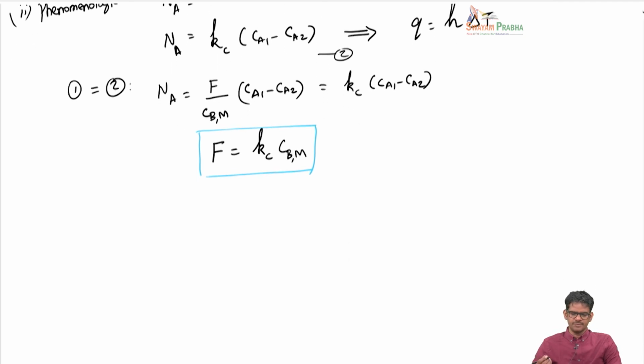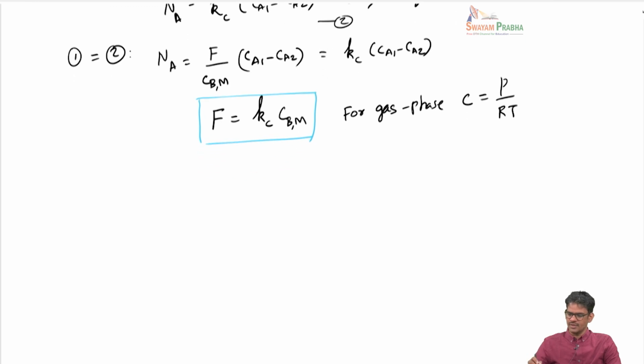When we use these expressions for gas phase systems, we can relate concentration in terms of pressure as C equal to P by RT, and then we can write this CBM in terms of pressure also, PBM by RT.